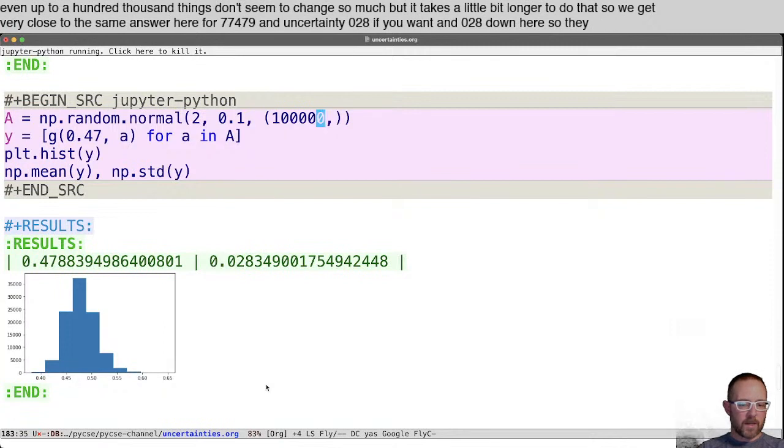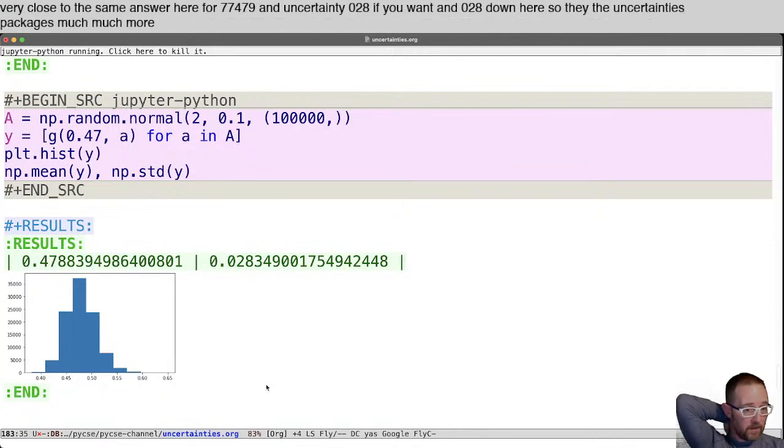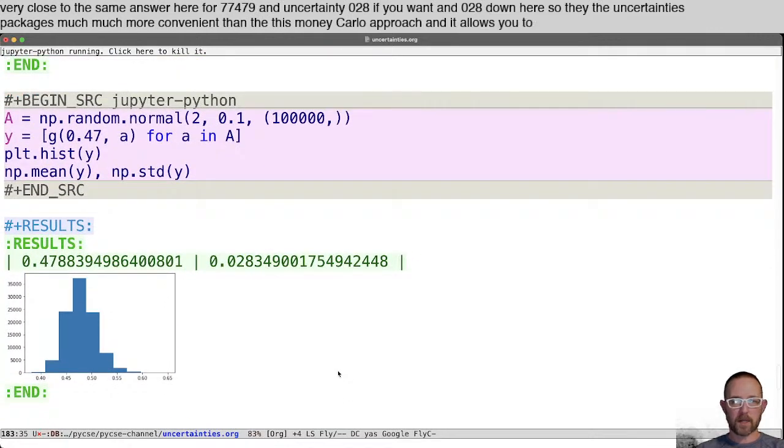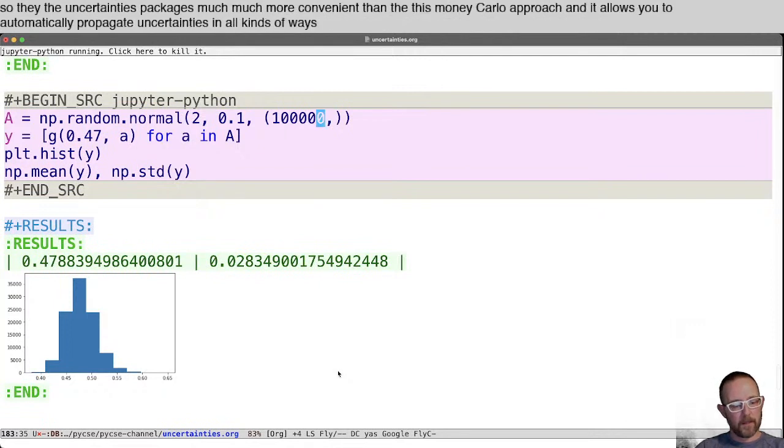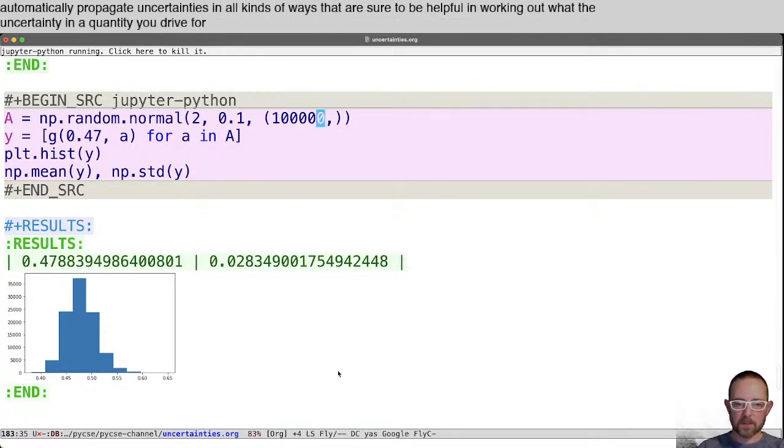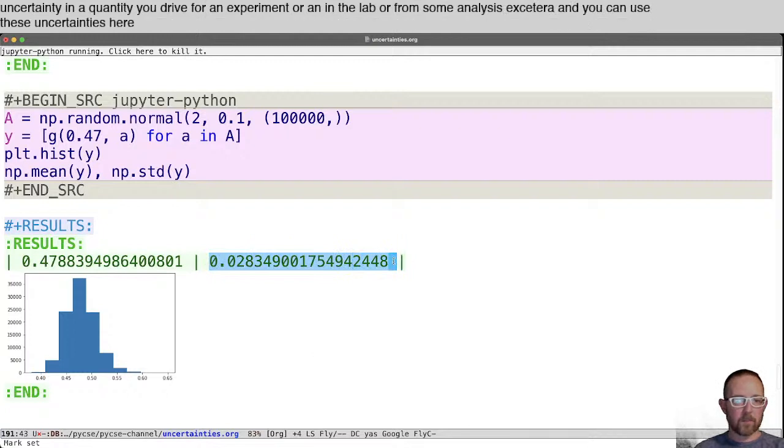So the uncertainties package is much, much more convenient than this Monte Carlo approach, and it allows you to automatically propagate uncertainties in all kinds of ways that are sure to be helpful in working out what the uncertainty in a quantity you derive for an experiment or in the lab or from some analysis, etc. And you can use these uncertainties to propagate, what is the impact on a design problem, for example.